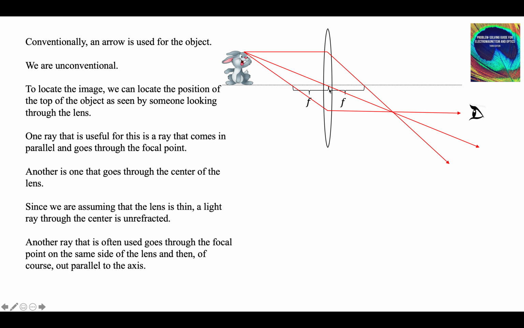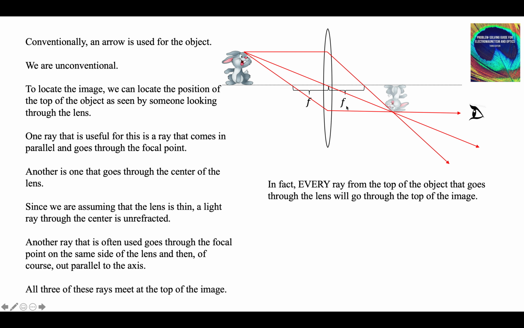So let's put the focal point on this side. Note that it doesn't matter which way the ray is going. If it comes in parallel, it's going to get bent down to the focal point. The ray goes the same direction, whether it's going to the right or to the left. So where they meet, that's where the top of the image is. There's the image. It's upside down.